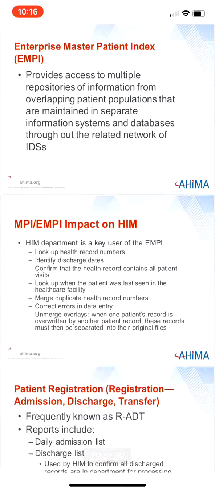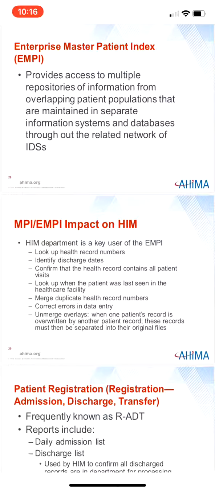So the HIM department is a key user of the EMPI. The HIM staff is responsible for the data quality of the EMPI, so they perform the various tasks to maintain quality, such as combining duplicate health records and correcting overlays, along with other data quality issues.